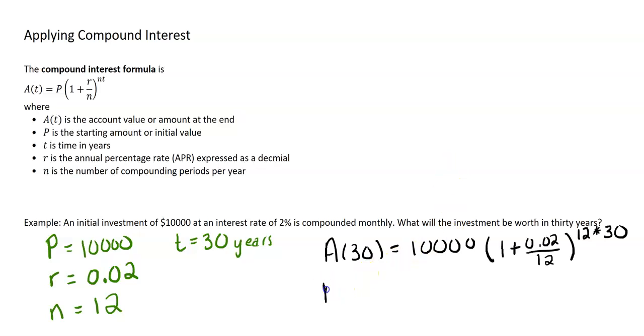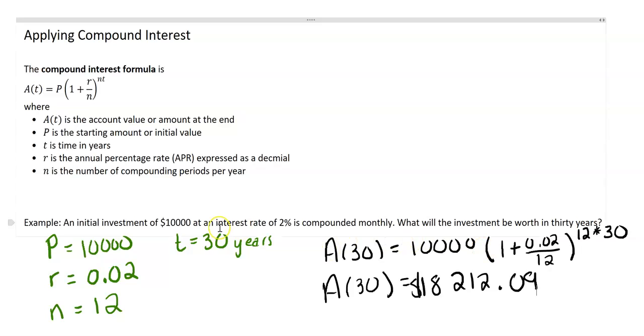So, if we type it all in at once, the amount after 30 years will be 18,212.09. So $18,212.09 will be the amount in the account after 30 years.